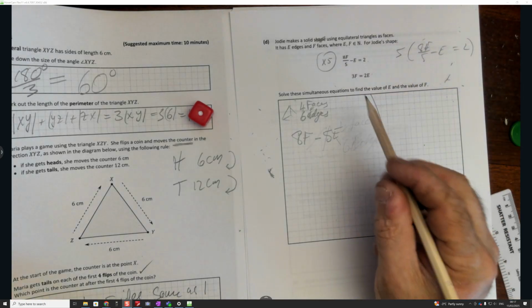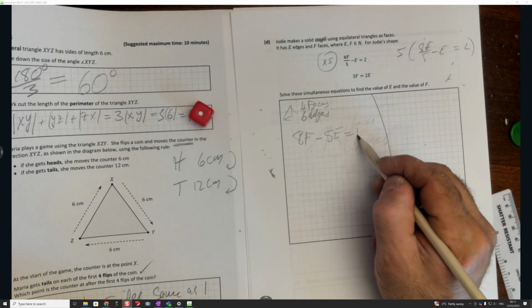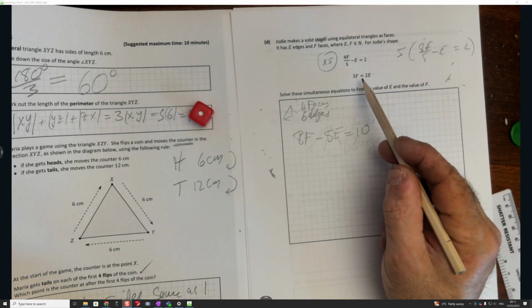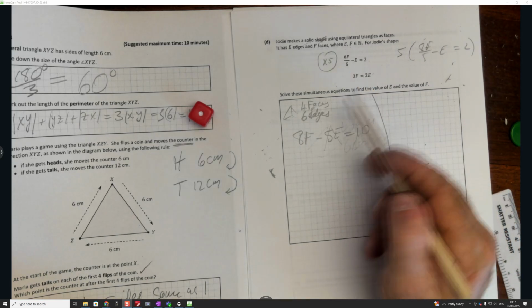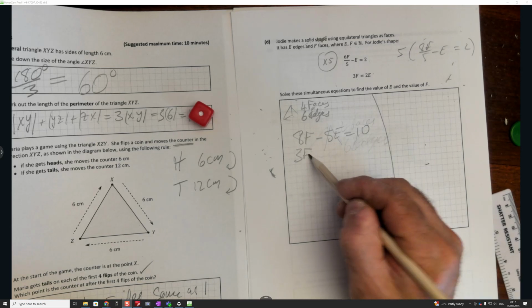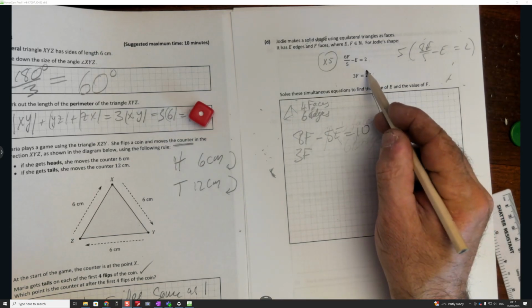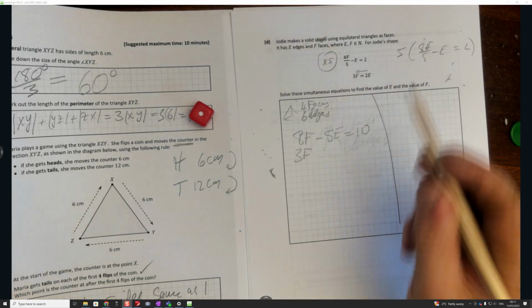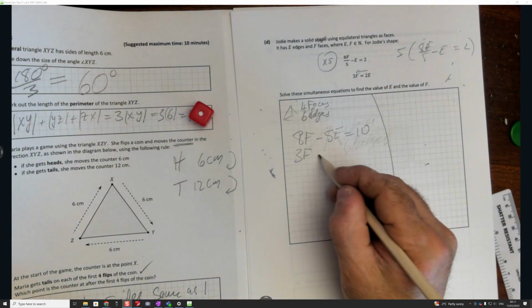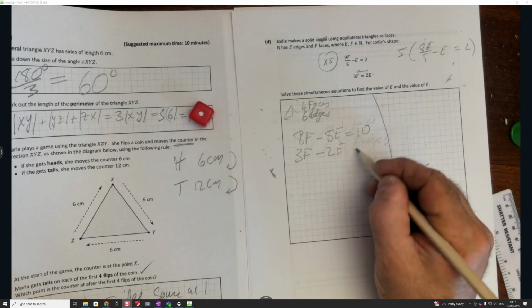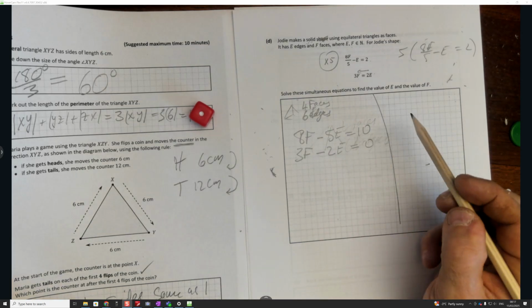And I'm timesing 5 all the way across both sides. So coming to the far side, I'm getting 10. Okay, now 3f at least can go here, and the 2e can transcribe back. So it becomes minus 2e equals 0.